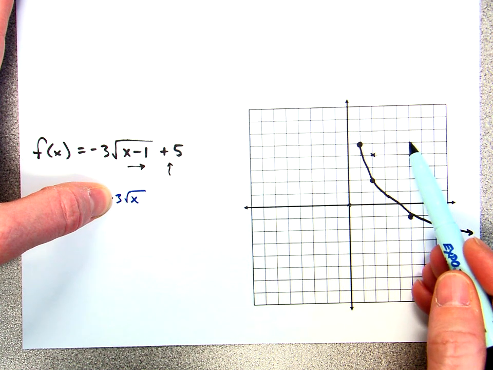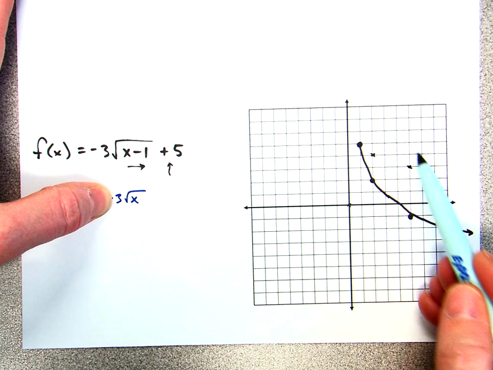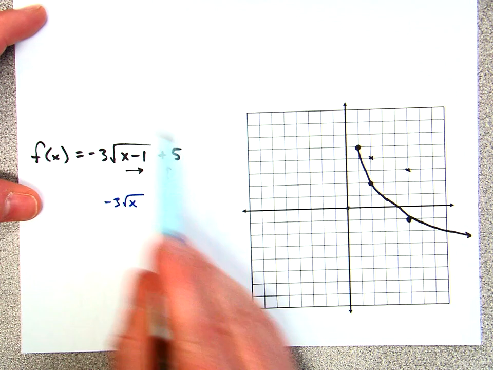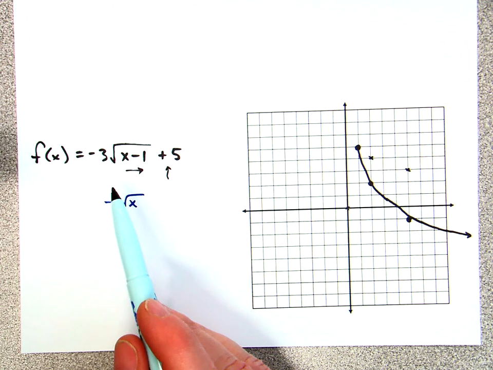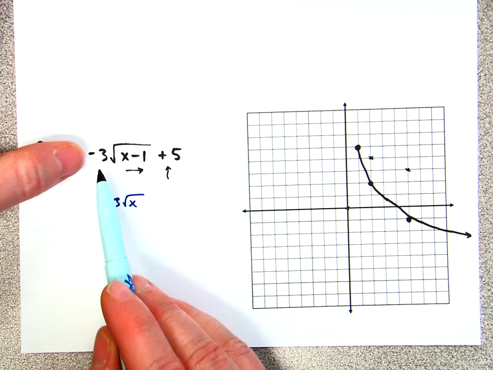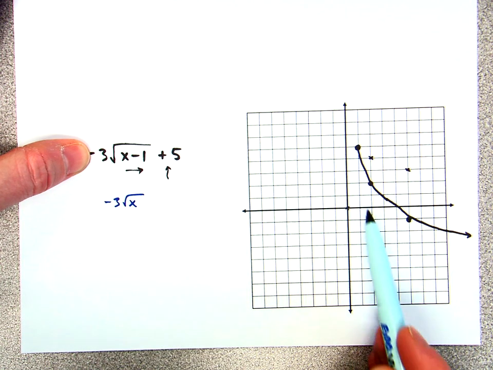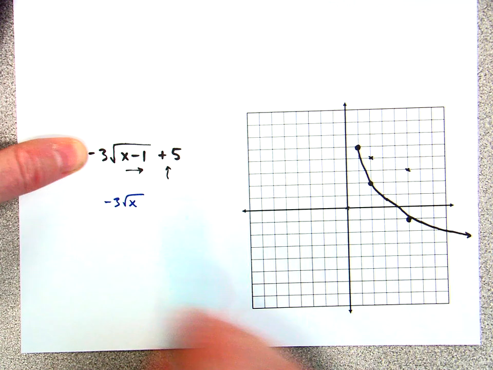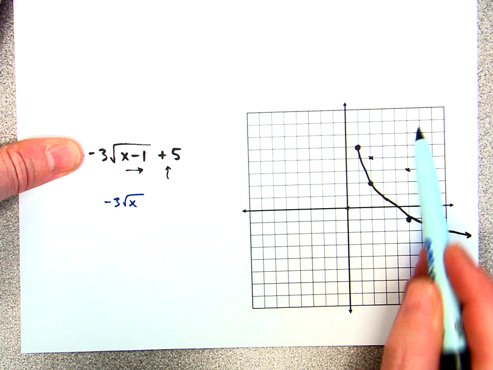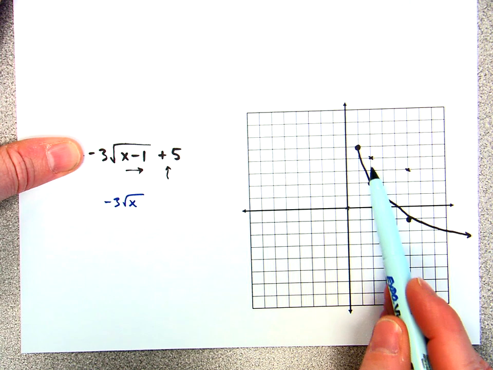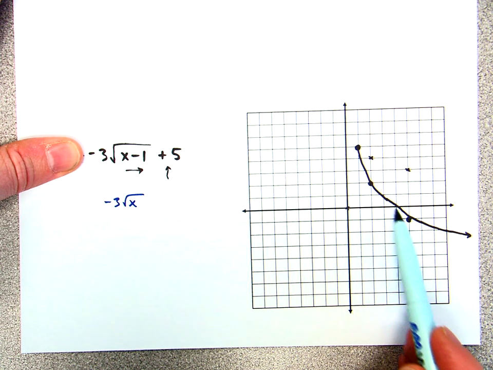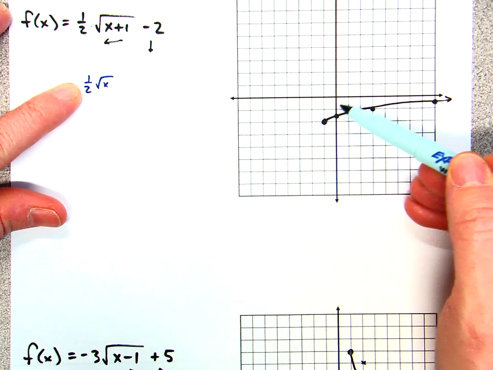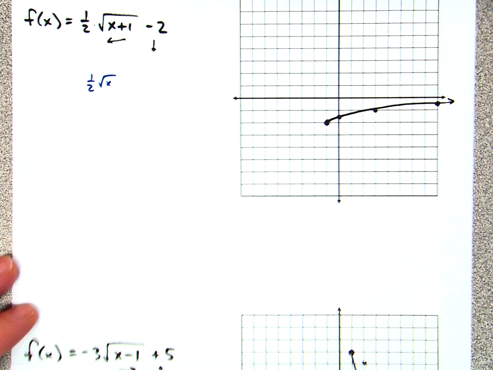If I went out to 4, square root of 4 is 2, so this height is 3 times what it was there. So when we look at this thing, we should be able to anticipate what the general shape is going to be. That 3 is going to extend this out further down this way than that basic shape, even though it's reflected. So instead of it going up, it's coming down. The 3 is going to increase that height, so it's going to make it a lot taller. Just like this half shortened that height, it made it a lot smaller than what it would have been.